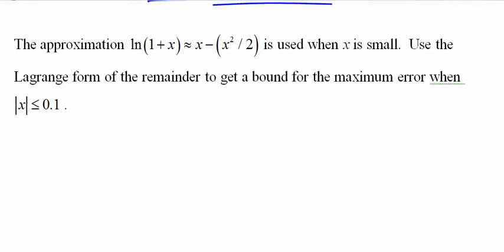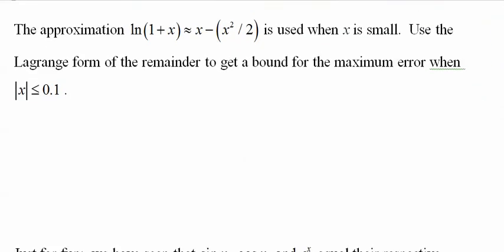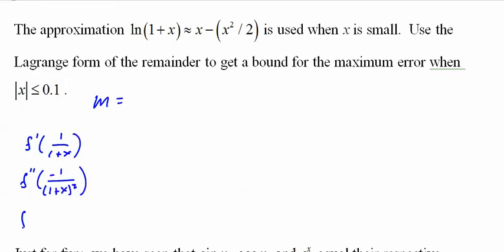More importantly, can you do it here? We're going to talk about a maximum error. We're going to call it M. And we're going to say, we did it with 2, so the third derivative of this thing: f prime is 1 over 1 plus x, f double prime is negative 1 over 1 plus x squared, and f triple prime is 2 over 1 plus x to the third.